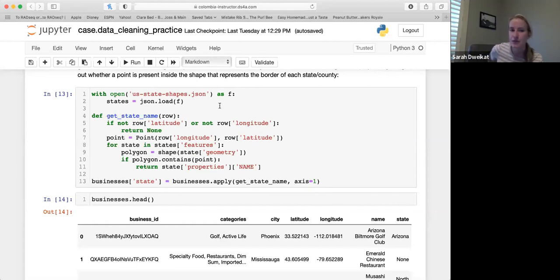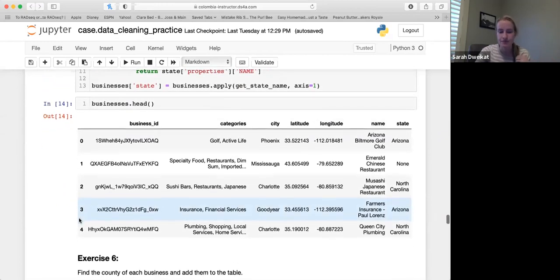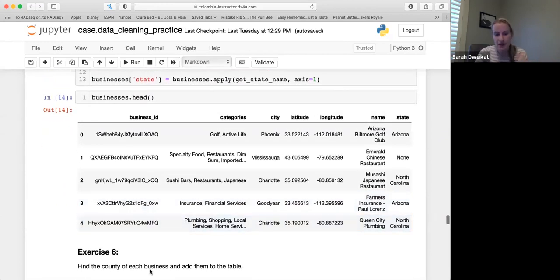It doesn't have to be United States. It could be anywhere that you have that geographic data for. And this is a really helpful tool for you to be able to, given coordinates, assign a state to it. Or we will have another example here: find the county of each business and add them to the table.